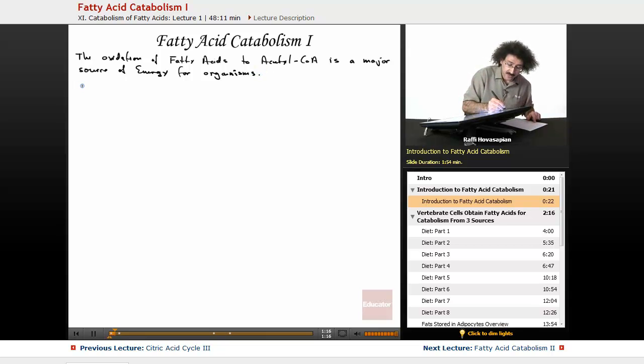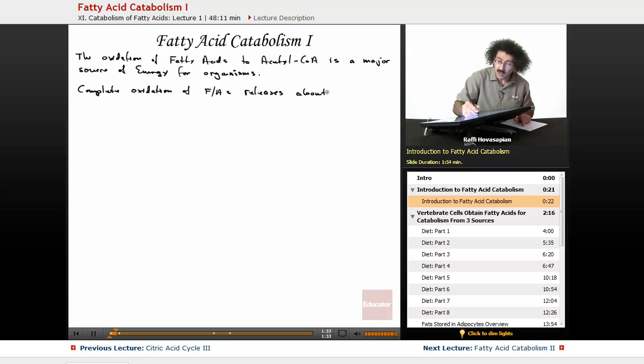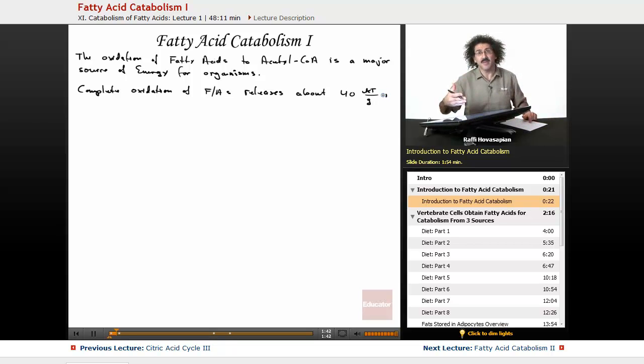Okay, complete oxidation. So complete oxidation of fatty acids, I'll just go ahead and abbreviate it as FAs, releases about 40 kilojoules per gram. So for a gram of fat, it releases about 40 kilojoules of heat.